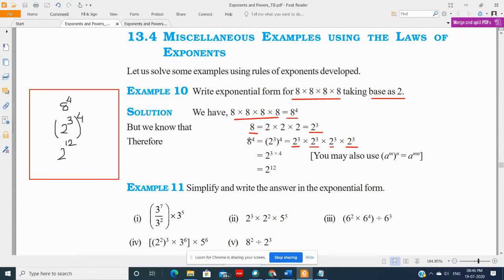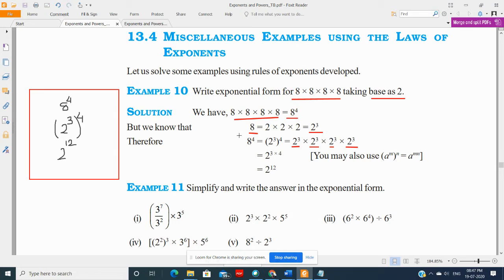Repeated addition is nothing but multiplication, so you'll just write 3 4s are 12. So we can say that bases are same, so powers will be added. With that rule we can write 2 raised to 12. If there are multiple numbers, then to make our life easy, we can just write 3 4s are 12, because if you just add 3 plus 3 plus 3 plus 3, it will be 12 only. So 2 raised to 12.